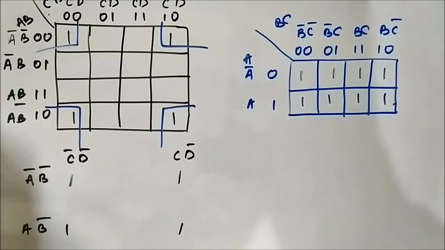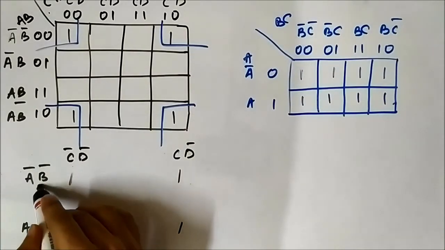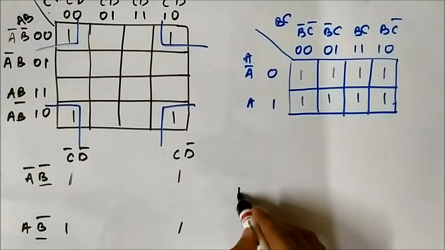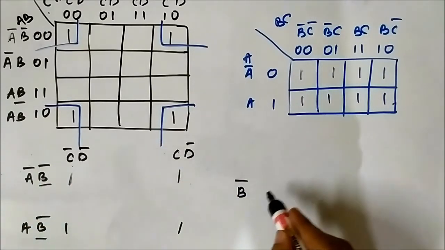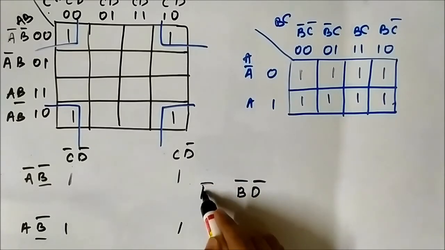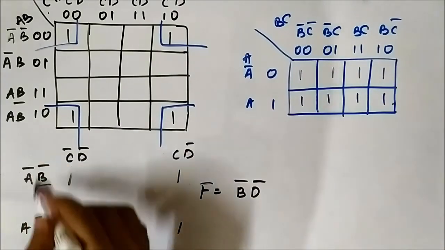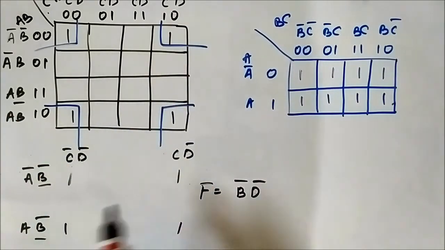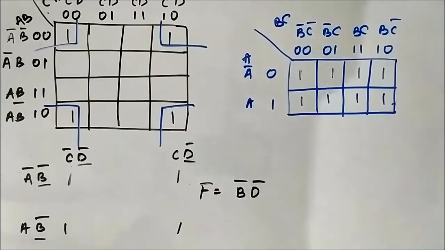If we compare them, in the horizontal we have B bar common, so B bar. In the vertical we have D bar common, so D bar. So the minimized Boolean expression for this K-map is F is equal to B bar D bar. B bar is common in the horizontal side, D bar is common in the vertical side.